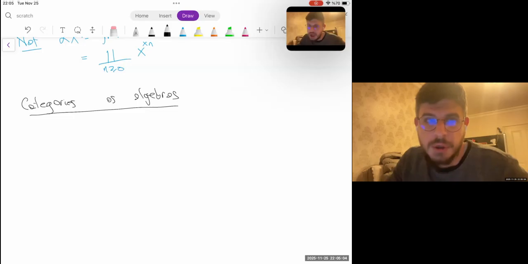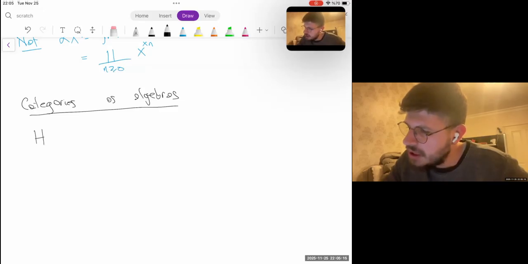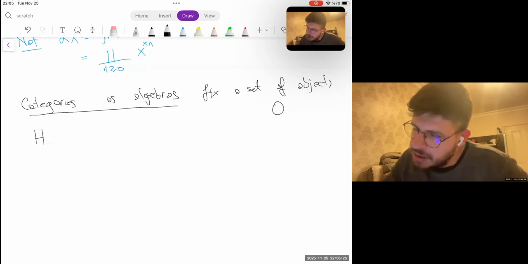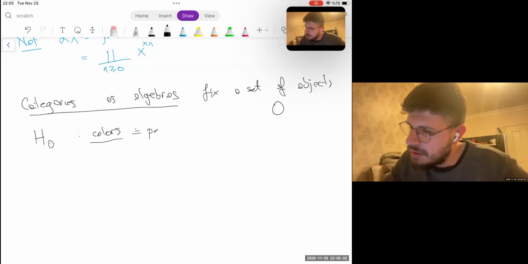There is an operad, and there's no standard notation for it, but I call it H. Let's fix a set of objects, say O, and you define this operad H_O. It has colors, which are pairs AB of objects.